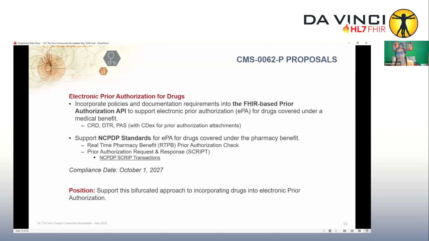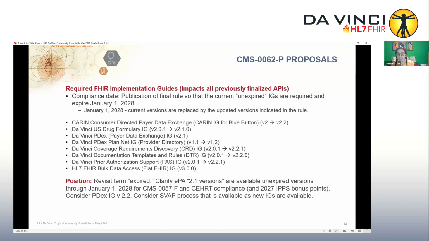And this would be required as of October 1, 2027, if finalized as proposed. And generally speaking, the Da Vinci membership supports this bifurcated approach to incorporating drugs into electronic prior authorization, appreciating that the NCPDP SCRIPT standards are well in use for pharmacy benefit and that the FHIR-based APIs can work well to support medical benefit proposals.